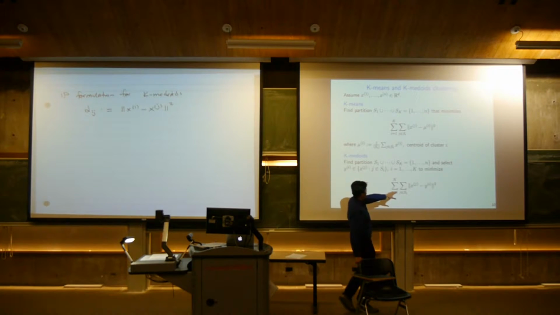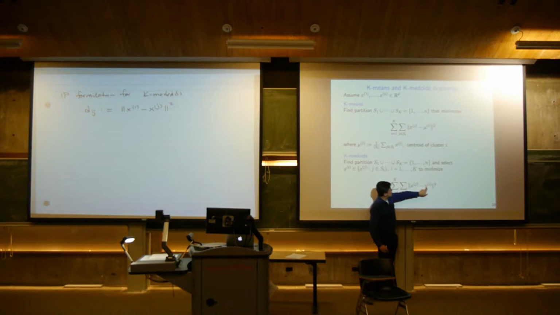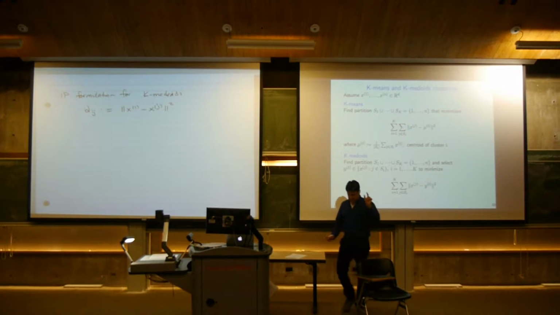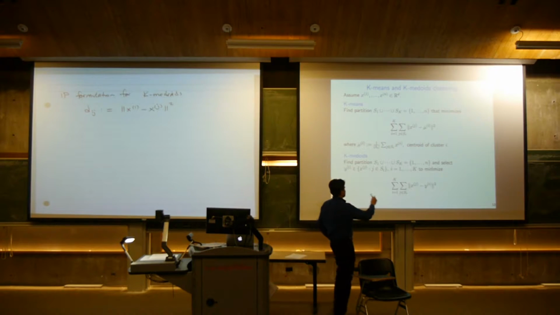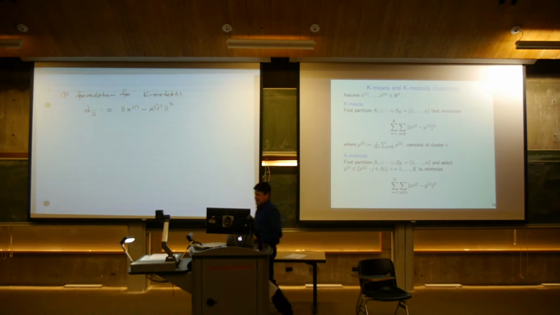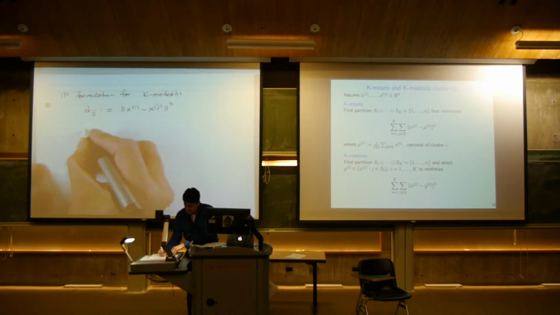So I was saying that to formulate this, one way to proceed is to choose what are going to be my centroids, number one, and then the assignment of points to centroids. So one way of doing that is the following. We are going to use yj. I guess this is bad notation. Let me use a different letter.